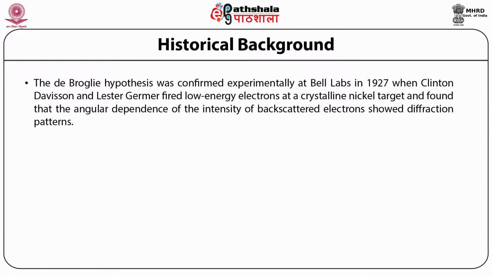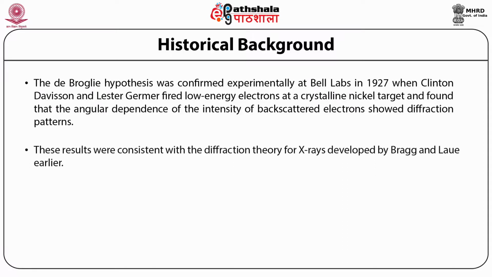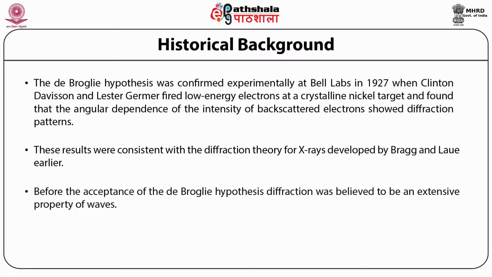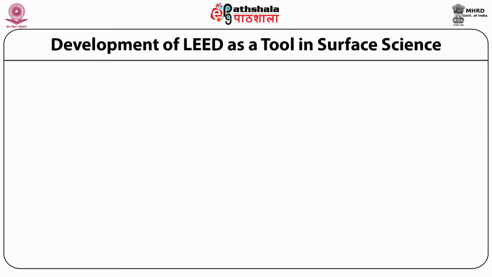This was repeated a number of times and similar results were obtained. These results were consistent with the diffraction theory for X-rays developed by Bragg and Laue earlier. Before the acceptance of de Broglie's hypothesis, diffraction was believed to be an exclusive property of waves.